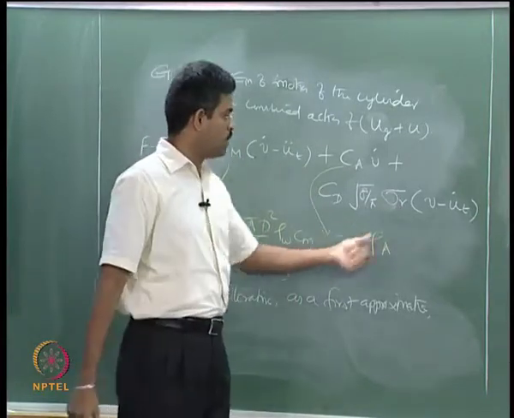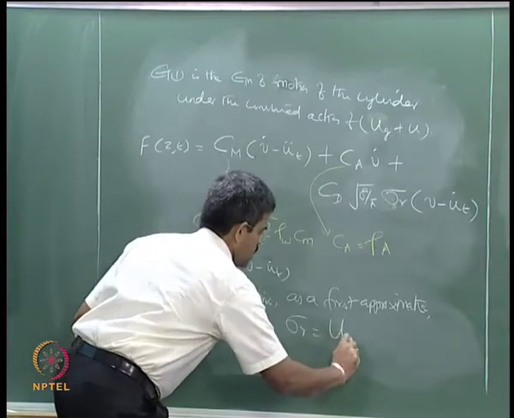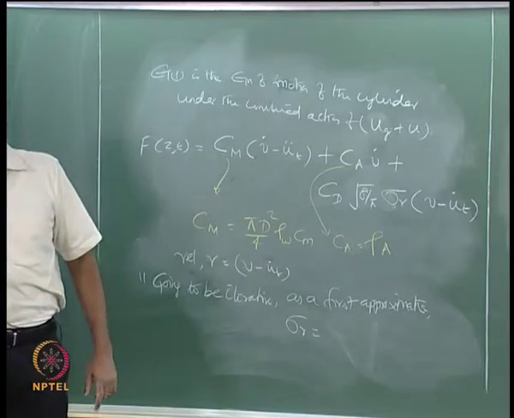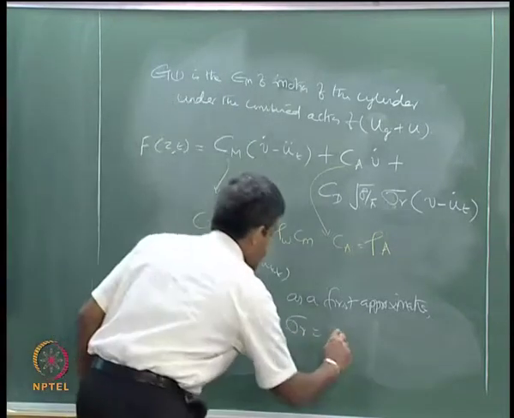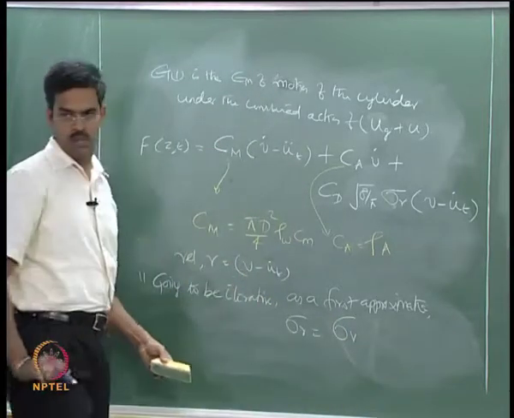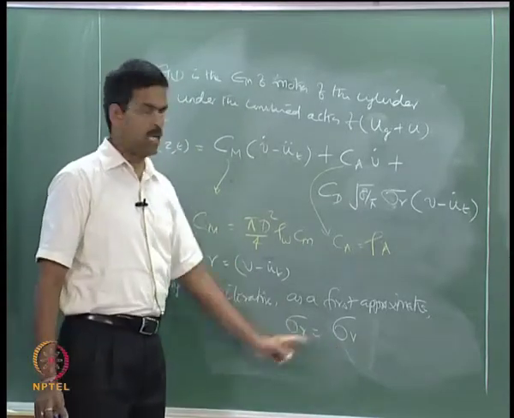When you iterate you will get more and then you can use this, but initially sigma r is taken as sigma v directly. Do not impose the relative value here to start with, okay. To start with no relative imposition is done.